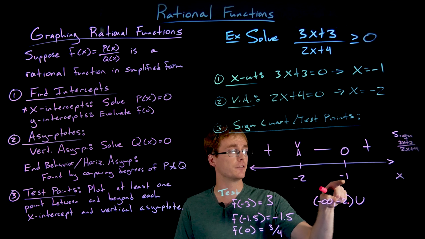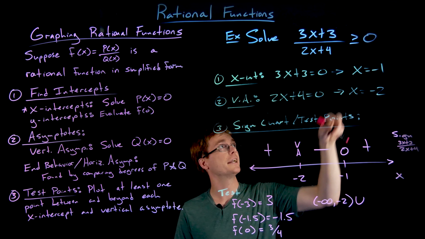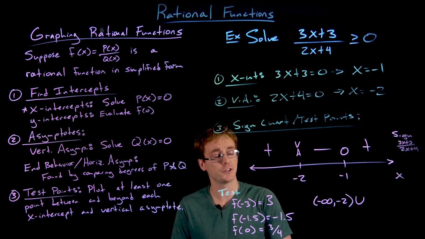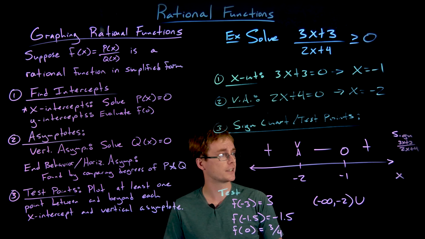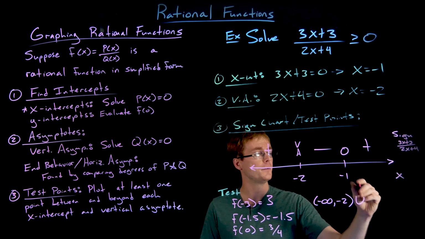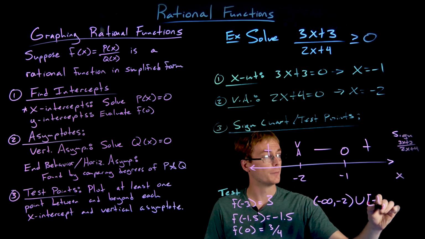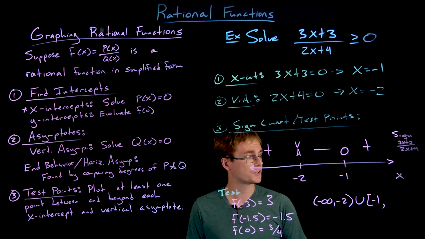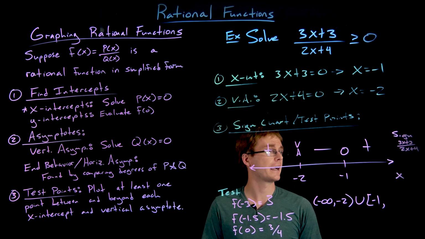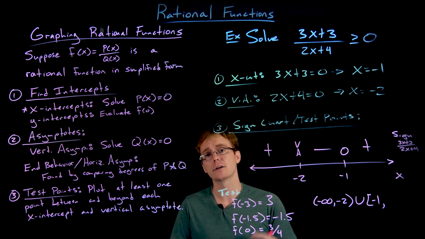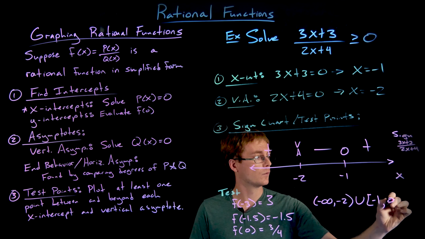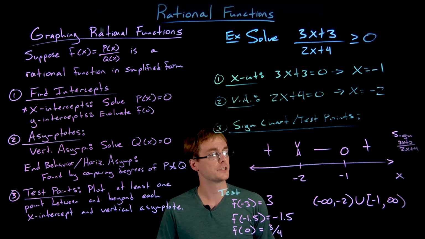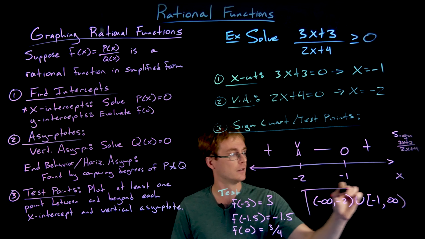From negative 2 to negative 1, our function is always negative. That is not greater than or equal to 0, so it cannot be allowed in our solution set. But once we are at negative 1, we've obtained that value of 0. We are equal to 0, and that is allowed in our solution set. And then anything to the right of x equals negative 1, anything bigger than x equals negative 1, will also work. So that goes all the way to positive infinity.